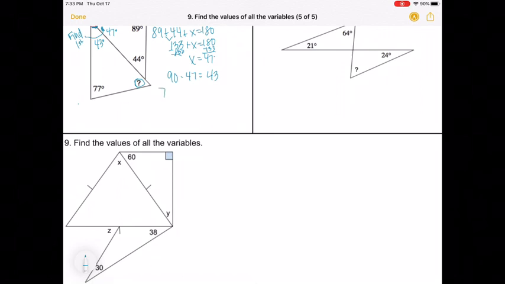Well, I have 77 plus 43 plus our question mark. I'll just put question mark since that's what they had. You can use x also, though. Equals 180. Well, simplify. That's 120 plus question mark equals 180. Subtract.